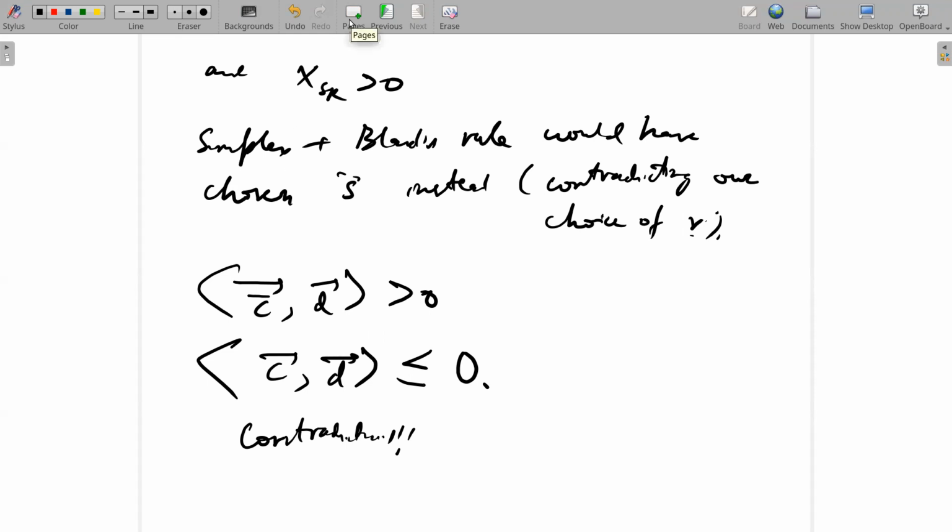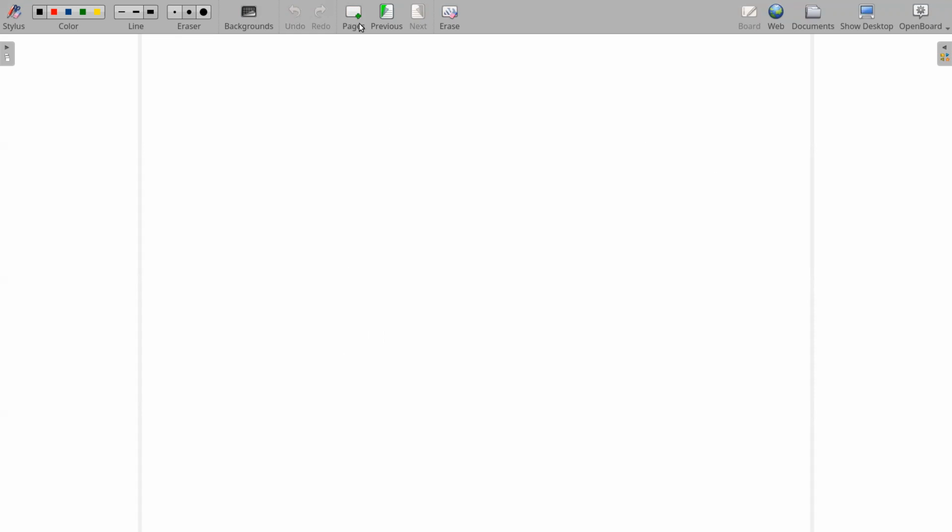So now what remains in the tree? So let me redraw that tree. So the tree was, we had this linear program, infeasible. So when will this program terminate?